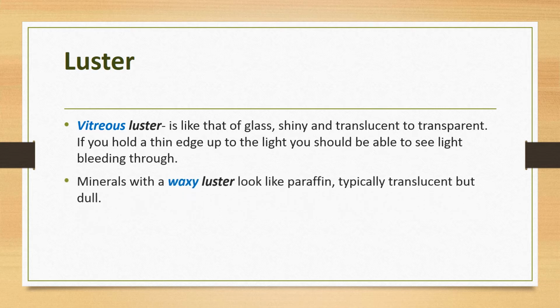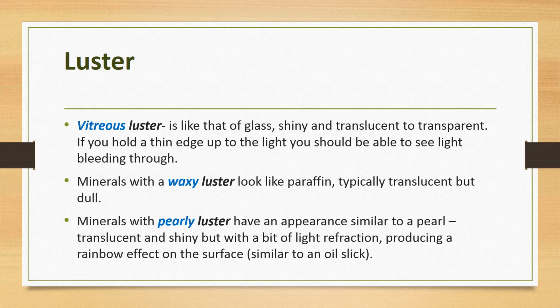Minerals with waxy luster are another type, like wax, looking like paraffin, typically translucent but dull. Also, you have one more type called pearly. It's like a pearl. They have an appearance similar to pearl, translucent and shiny.